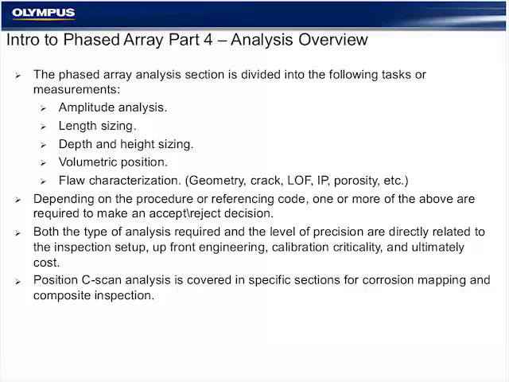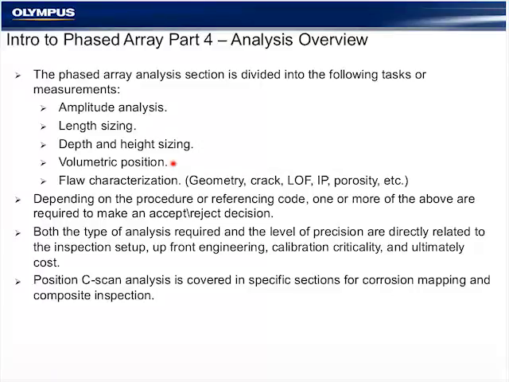Depth and height sizing, which can be done similarly from manual UT as it is in the automated inspections. Volumetric position. Volumetric position means the location within the weld. It's our overwhelming first priority when making a decision.